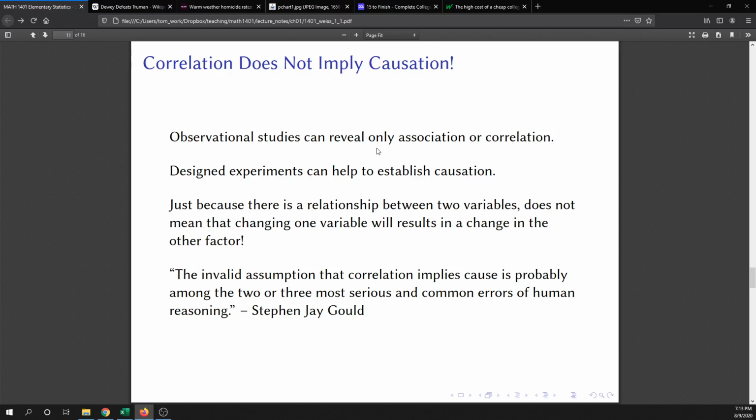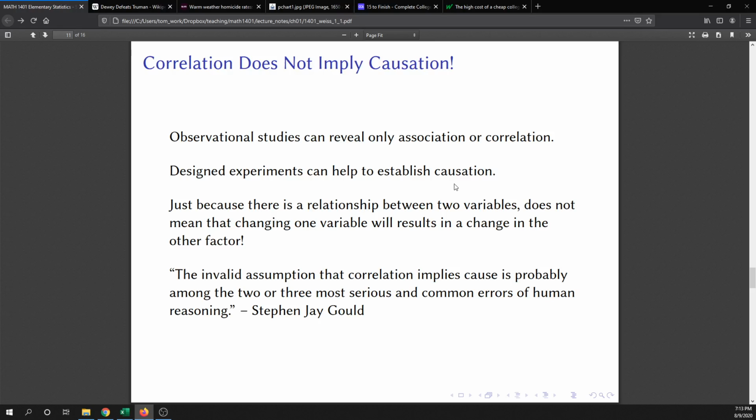There are many other factors that could be involved with causing prostate cancer. Only designed experiments can help to establish causation. In designed experiments, they try to control for those other factors and narrow that down. So if you have a lot of these designed experiments, that can help to establish causation, like in the folic acid study.